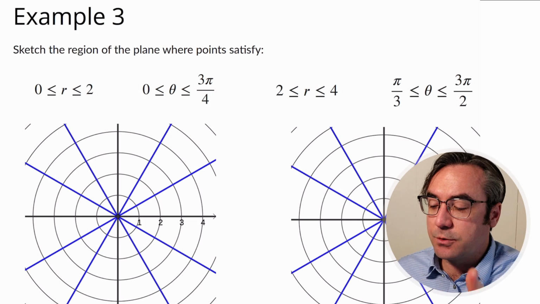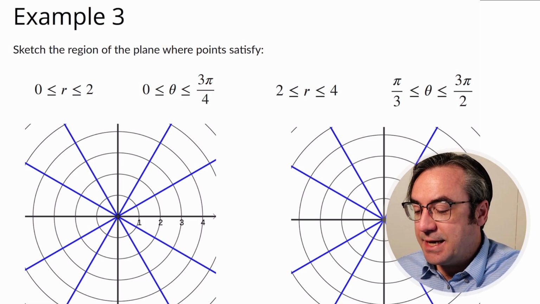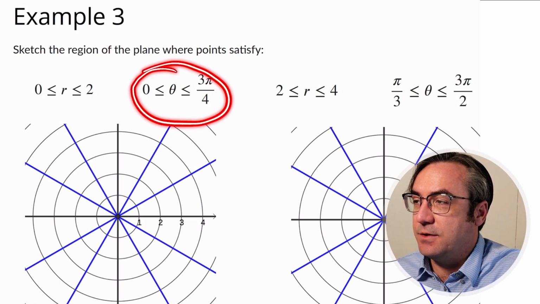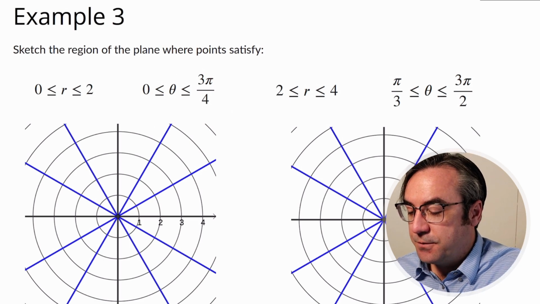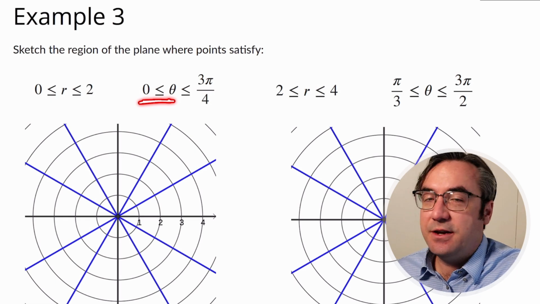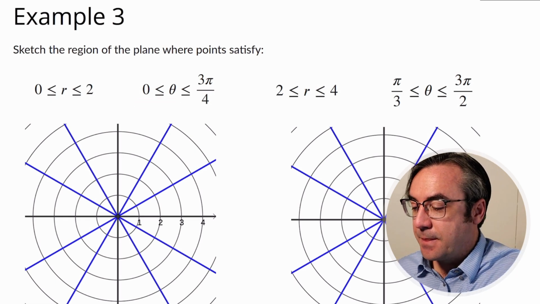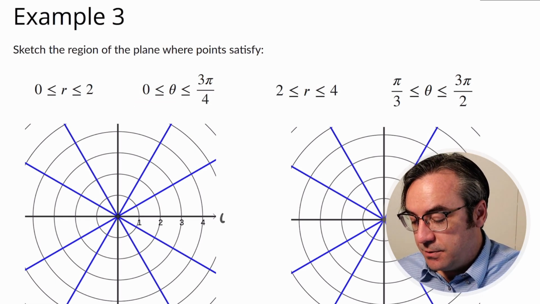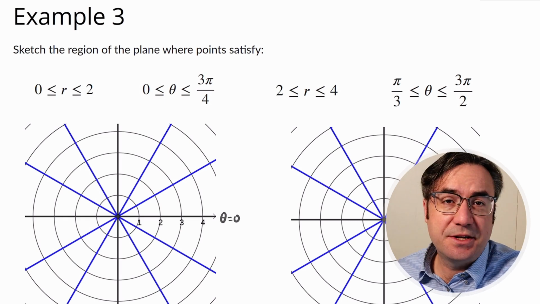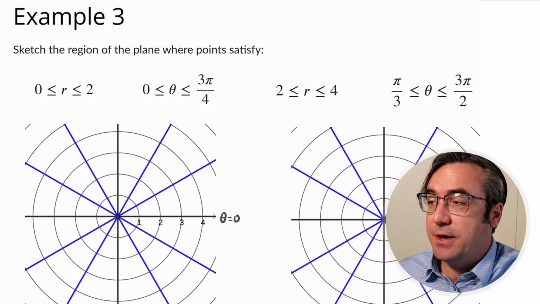When we do these polar regions, a lot of times it's helpful to start with the angles. So first of all, what does it mean when theta is equal to 0? Well, theta equal to 0 is our positive x-axis.